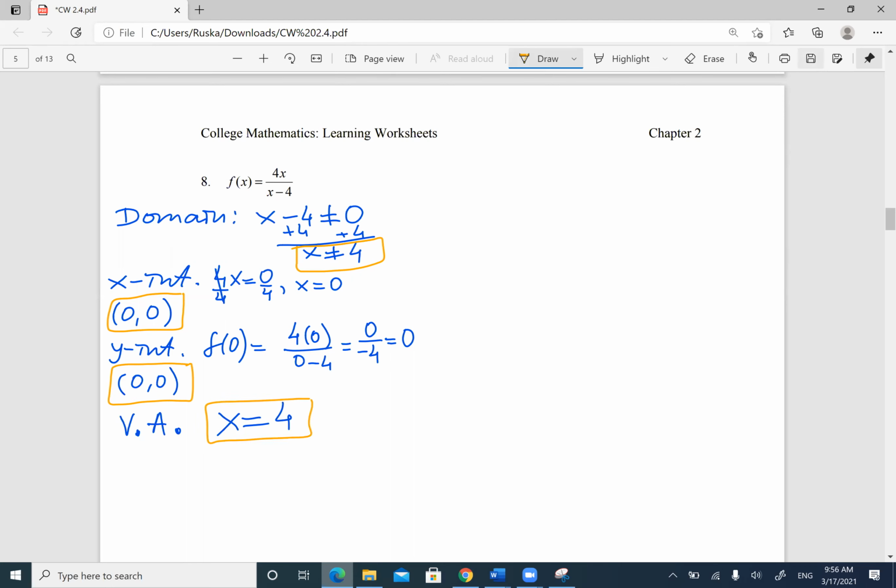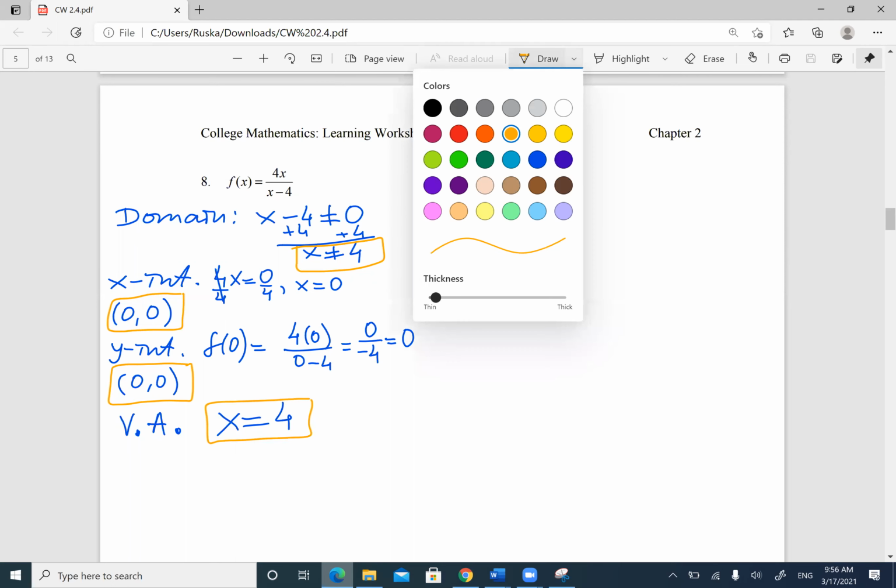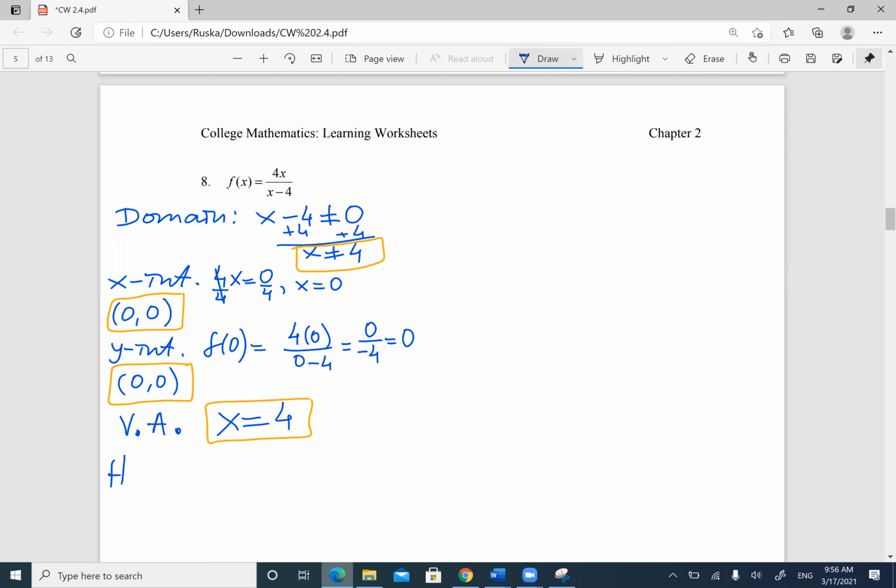Then after that, we have to find the horizontal asymptote. And the horizontal asymptote is, we need to see what is the case. So in this case, the top highest exponent is 1 and the bottom is 1, right? 1 over 1. So they're the same. So that's which case? Case number 2. So we have case 2.